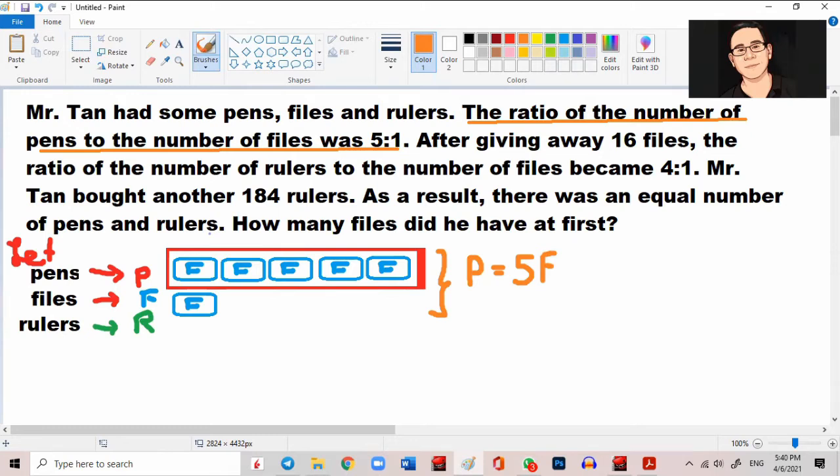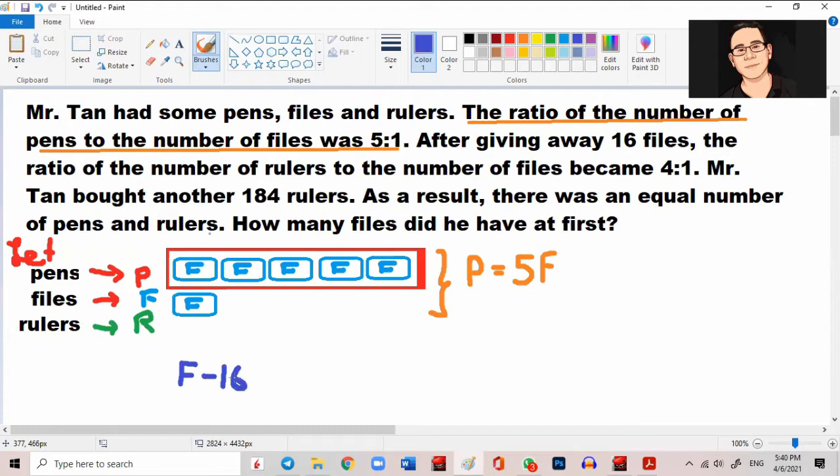All right, next thing, after giving away 16 files, what happened to the files? The files is not really the original F. The new file is F minus 16.